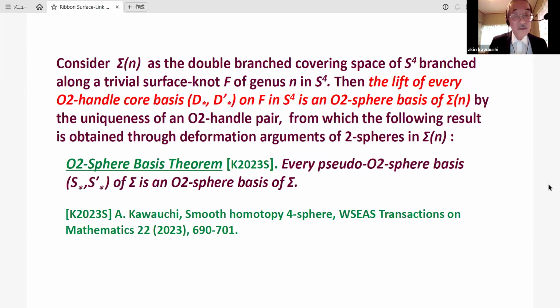Consider Sigma_n as the double branched covering space of S^4 branched along a trivial surface knot F of genus n in S^4. Then the lift of every O2 handle core basis D*, D'* on F in S^4 is an O2 sphere basis of Sigma_n by the uniqueness of an O2 handle pair, from which the following result is obtained through deformation arguments of two-spheres in Sigma_n.